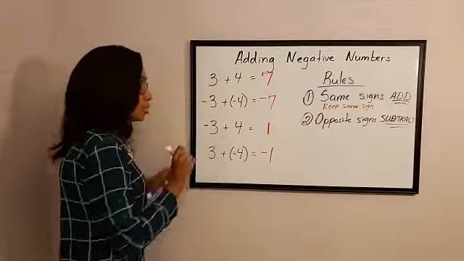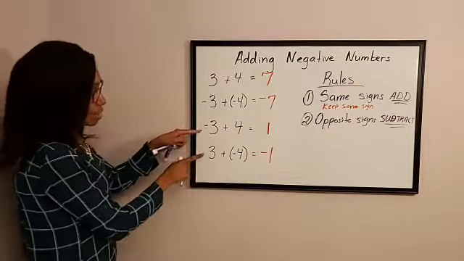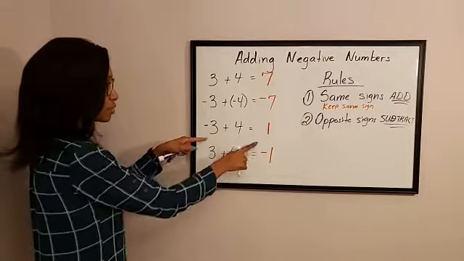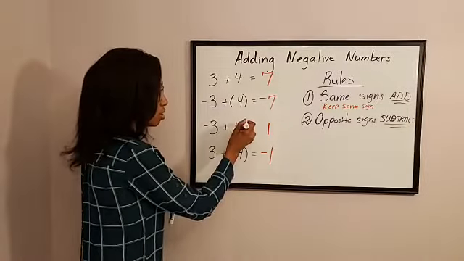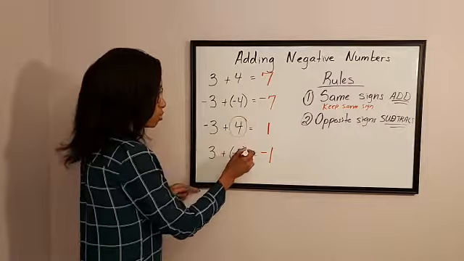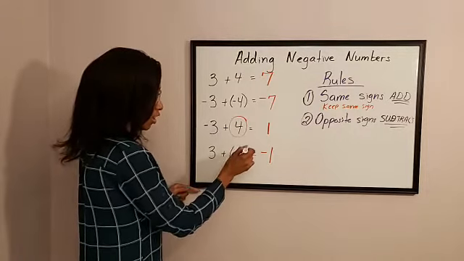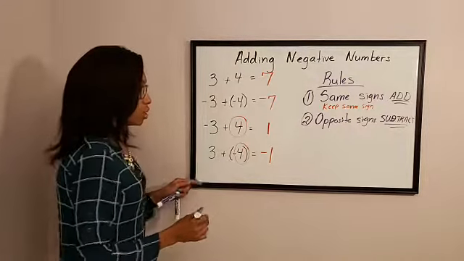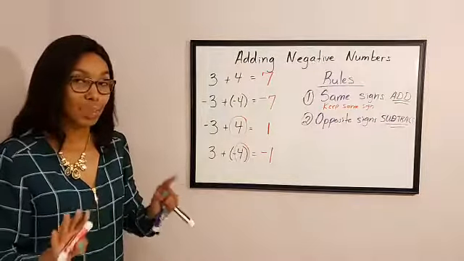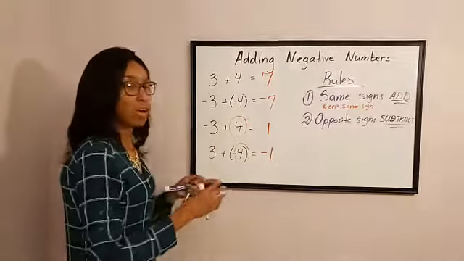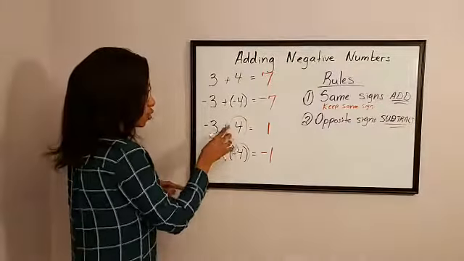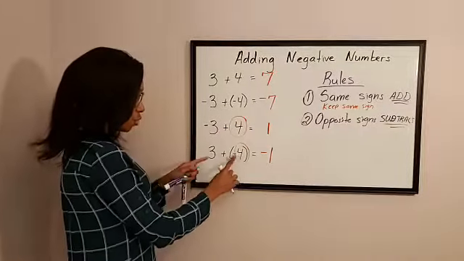But for rule 2, it's a little bit different because you have to figure out, well, should it be a positive or a negative? And what you're looking at is the number with the larger value, okay? The larger value, ignoring the sign. So in general, ignoring the negative or positive, 4 is bigger than 3. What we would call the absolute value, okay? 4 is bigger than 3, and 4 is bigger than 3 here.